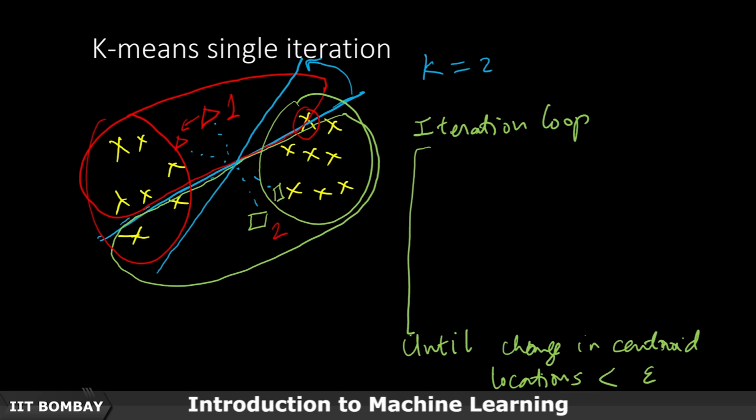Before the iteration loop, we will randomly initialize centroids.